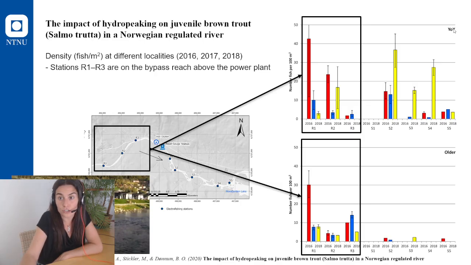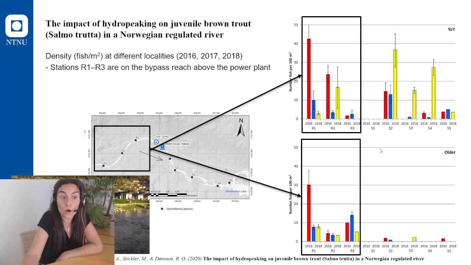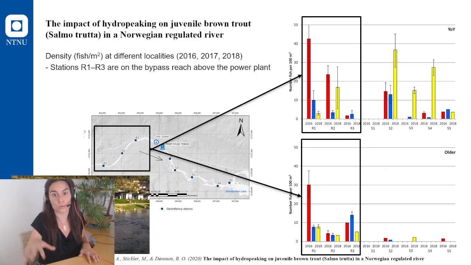That the young of the year, in the upper graph, that is the fish that is smaller than a year, are present, and also the older fish are present. That means that the fish managed to survive. We have both young fish and old fish.